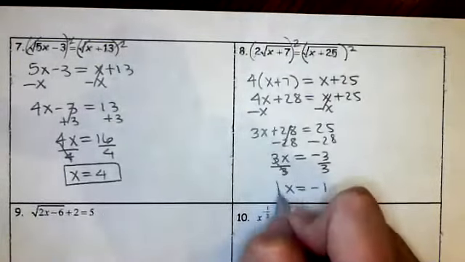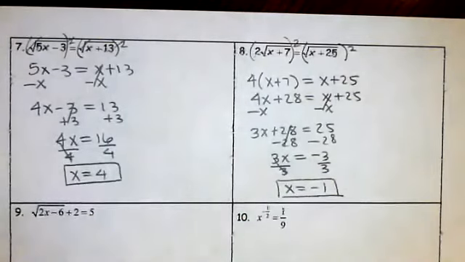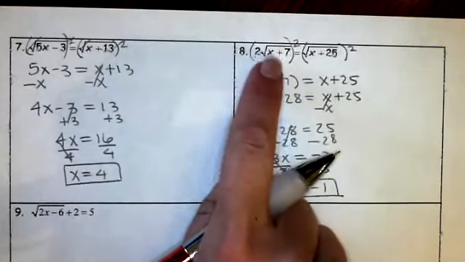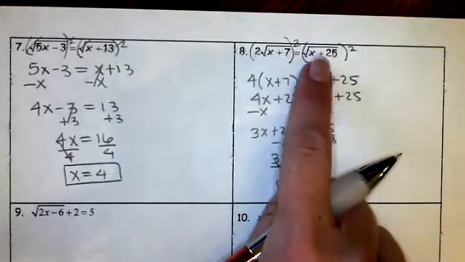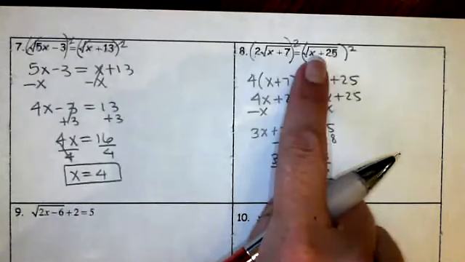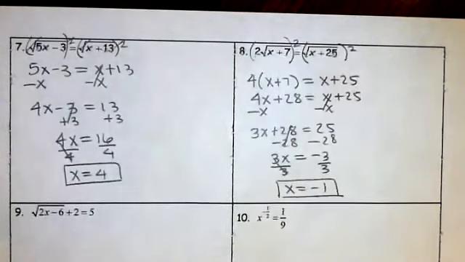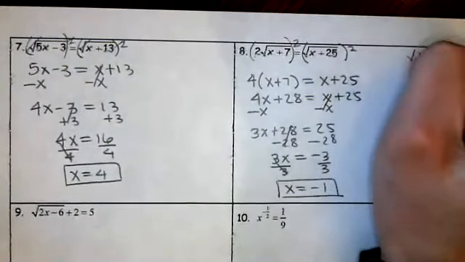But that's not the case. You can have a negative as a solution, because when we put the negative 1 here, it gives us a 6 under the radical. And when we put the negative 1 here, it's going to give us a 24 under the radical. So it doesn't make either one of those imaginary. It does work. So we'll do this one algebraically just to show you it works.